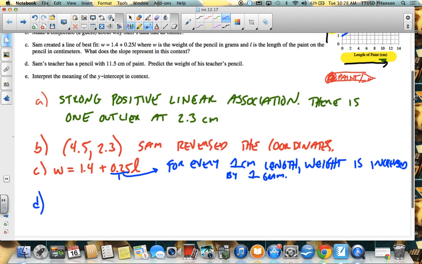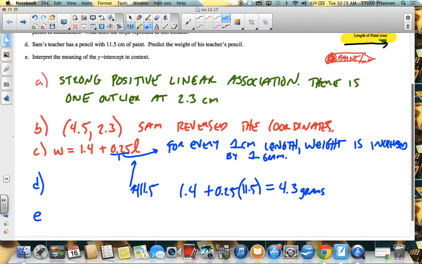Or we can use exactly this equation. When I put an 11.5 in there and put this through a calculator, 1.4 plus 0.25 times 11.5, I'm going to get 4.3 grams, and according to my graph, I was off by a little bit.